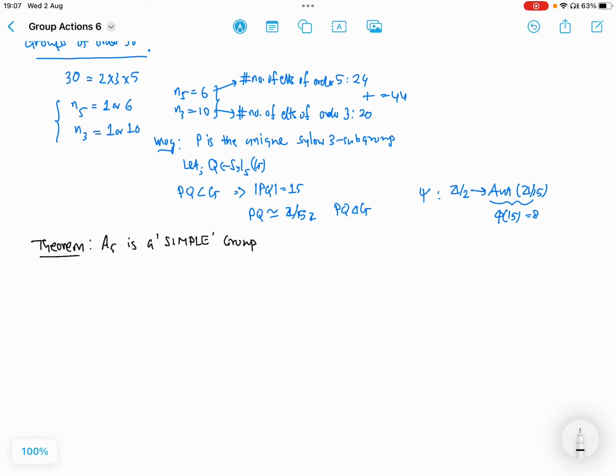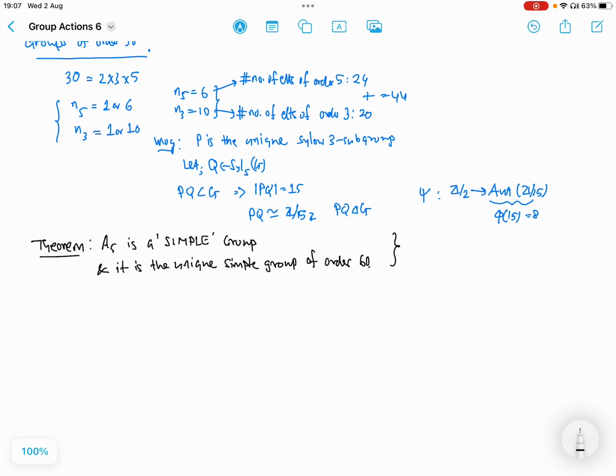This is a simple group, and it is the unique simple group of order 60. If you take any other simple group of that order, it will be isomorphic to this. Okay, this is the main theorem.